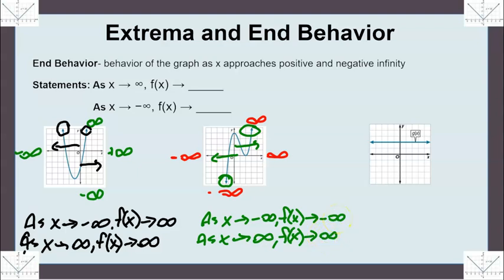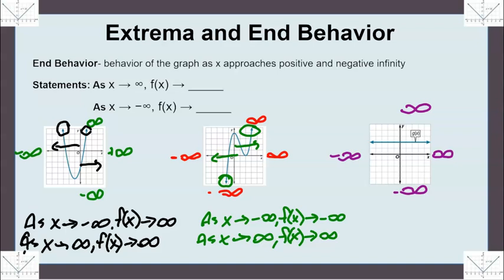And our last one is a little bit different than the other two examples. But here I'm still going to do negative infinity over here, positive infinity up here. Going up is positive infinity, going down is negative infinity.